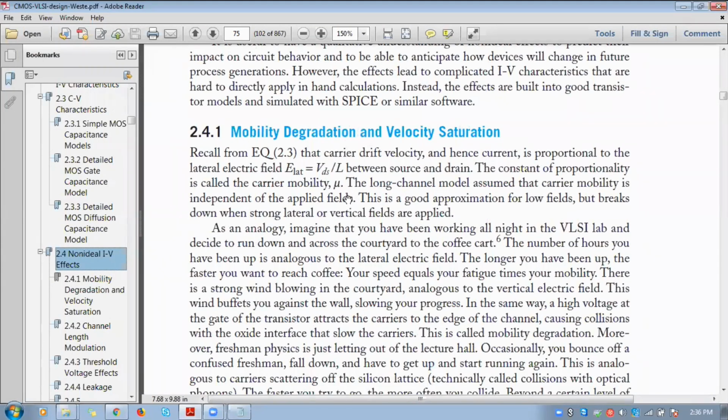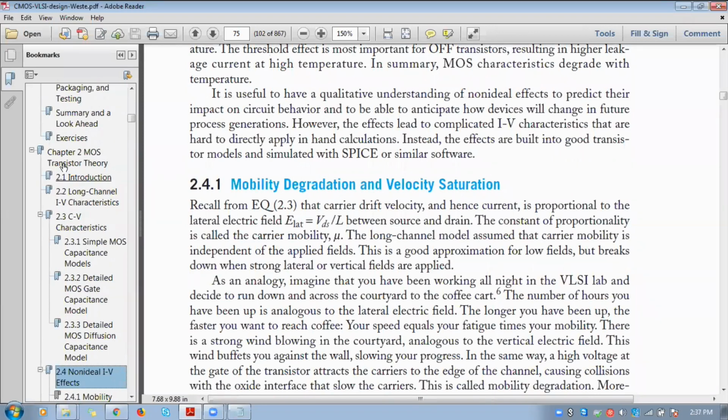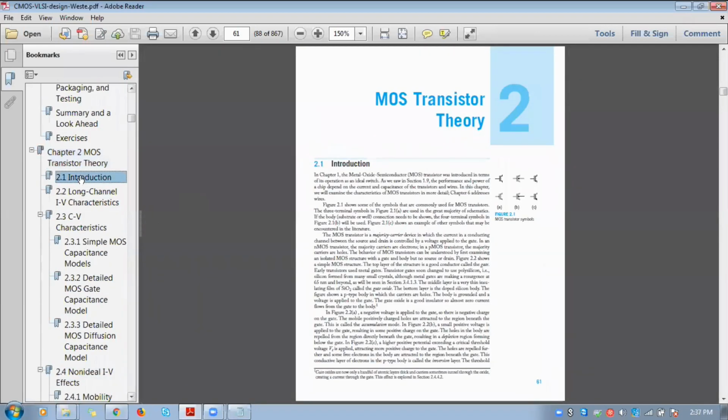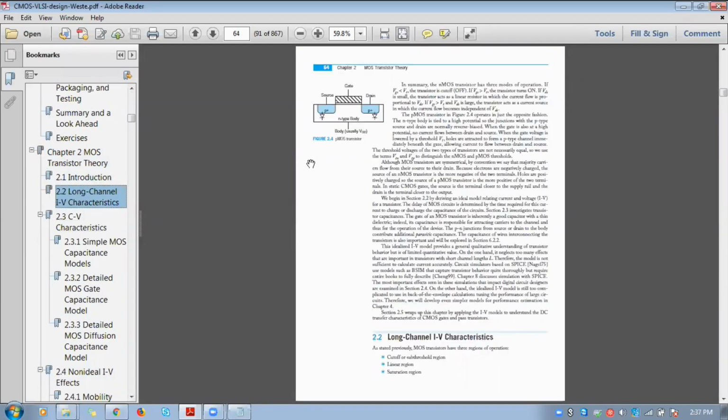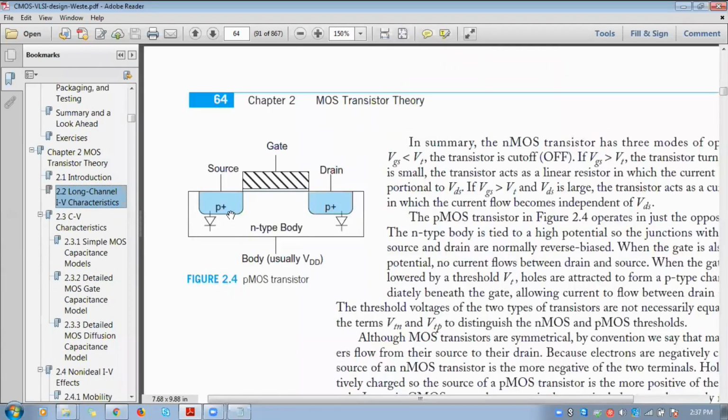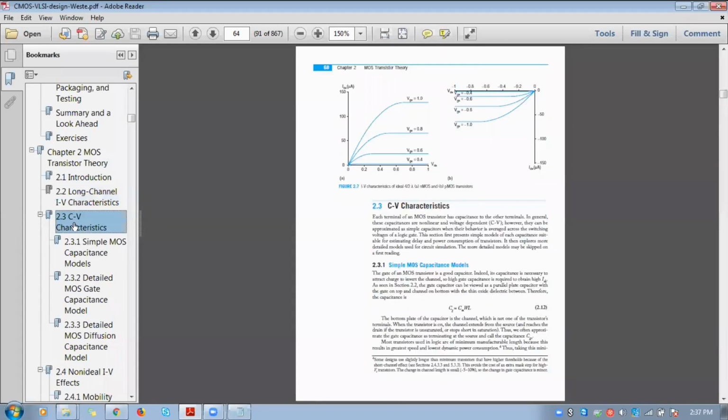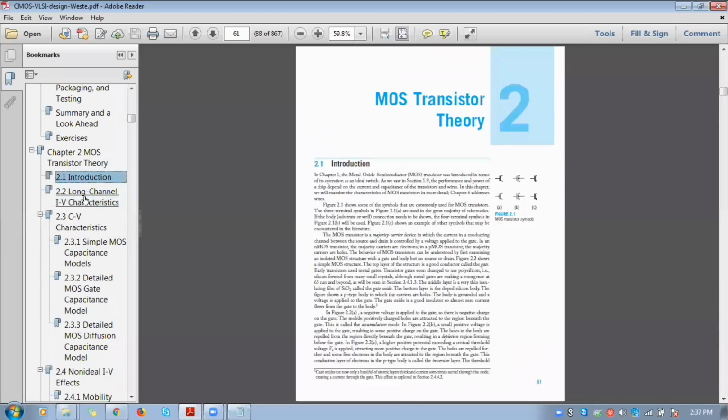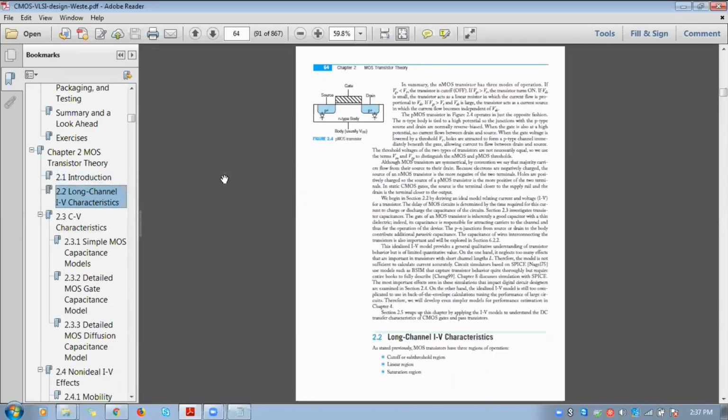So I will explain with the structure. This mobility degradation and velocity saturation is happening due to the lateral electric field and the vertical electric field.